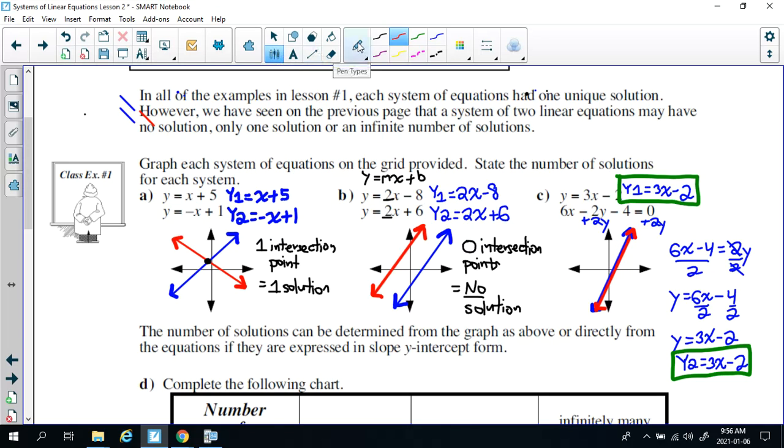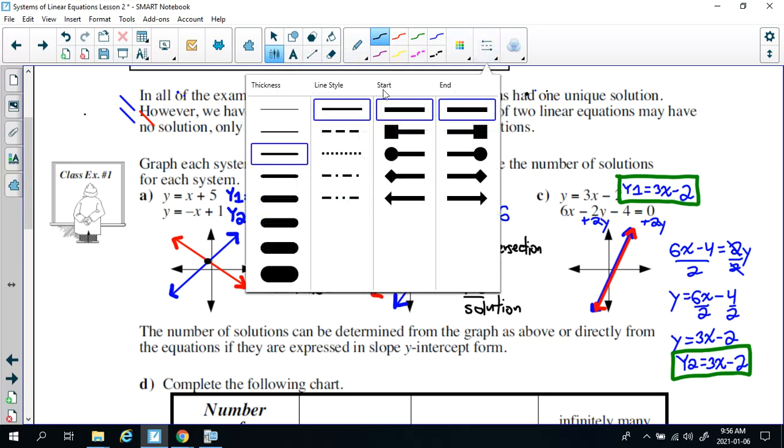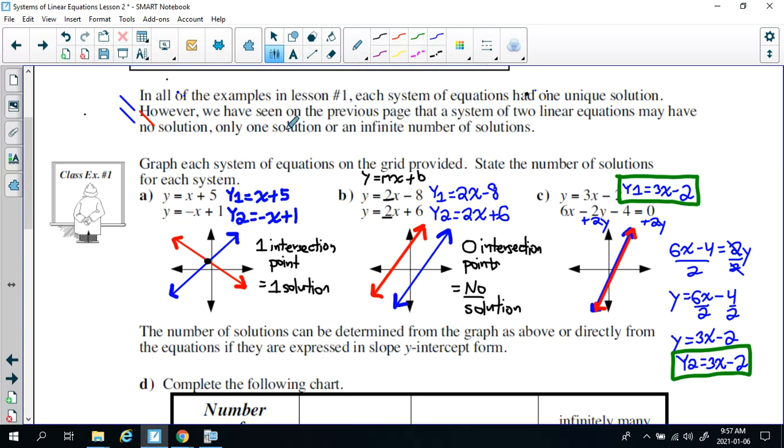So in this situation, what we would say is we would have infinite intersection points, which means the system itself actually has an infinite number of solutions.